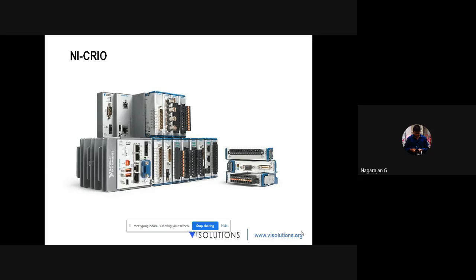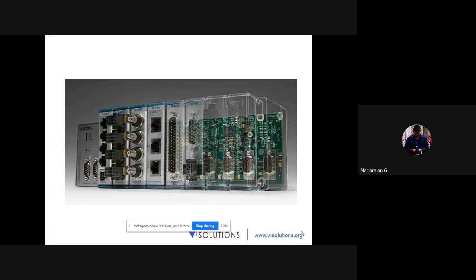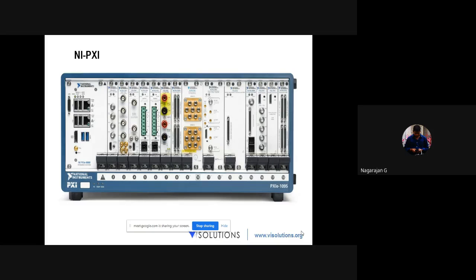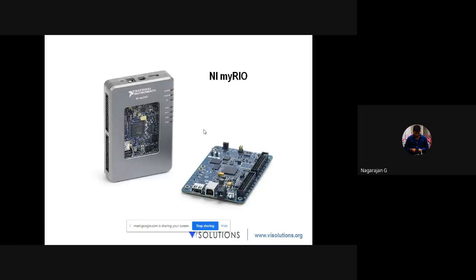So all these have inbuilt signal conditioning available. The same is applicable for PXI also. We call these cards, express cards, IO cards. The only difference is that some will be in terms of BNC, and some will have screw terminals. Apart from that, all the modules are going to read and write information.